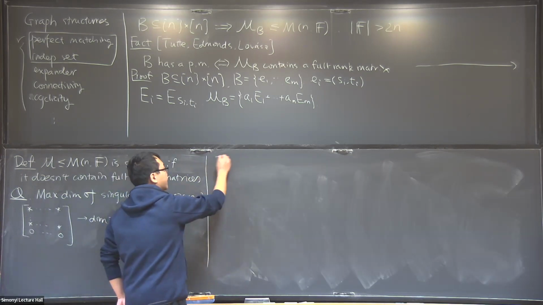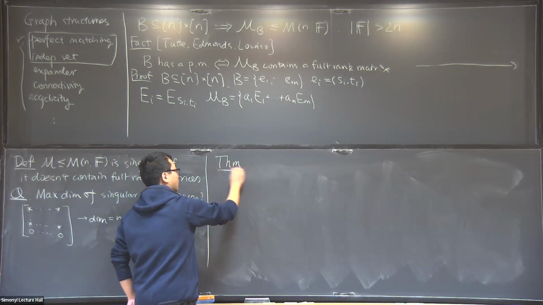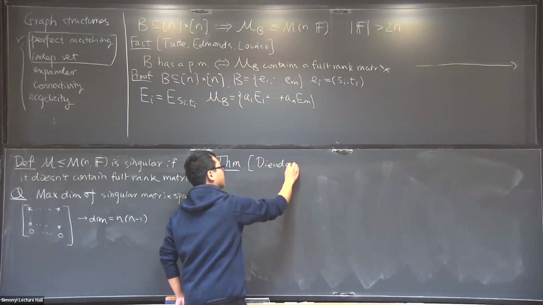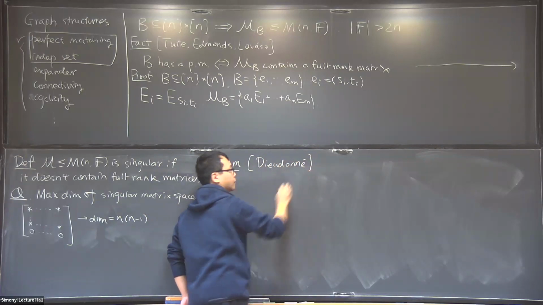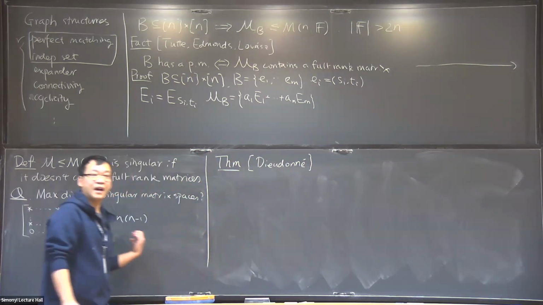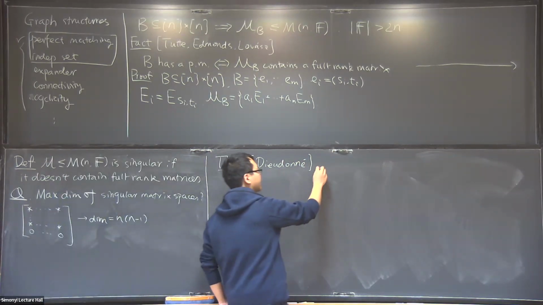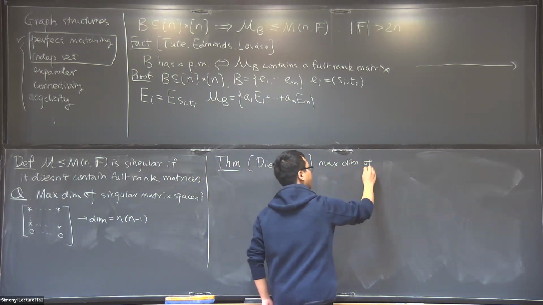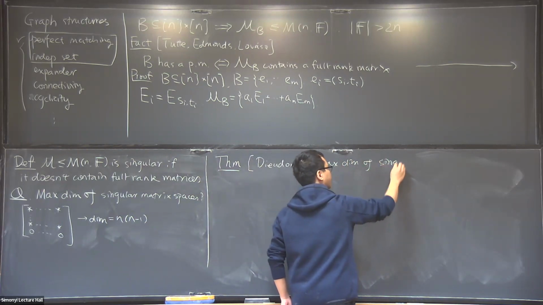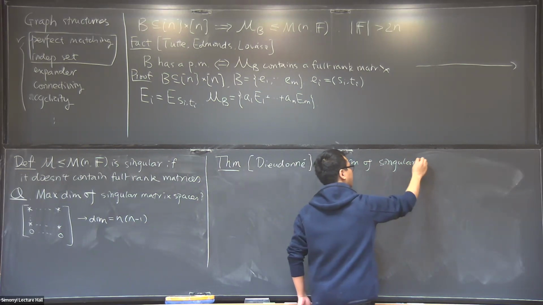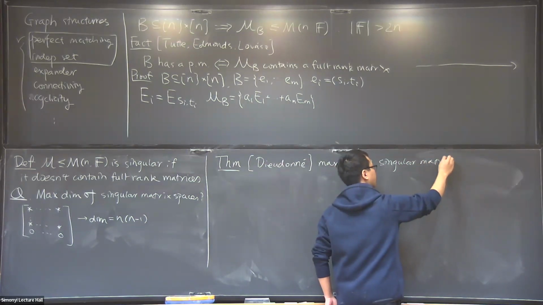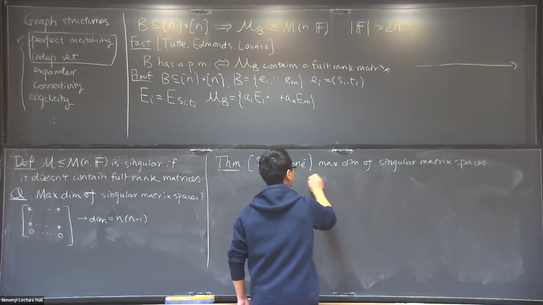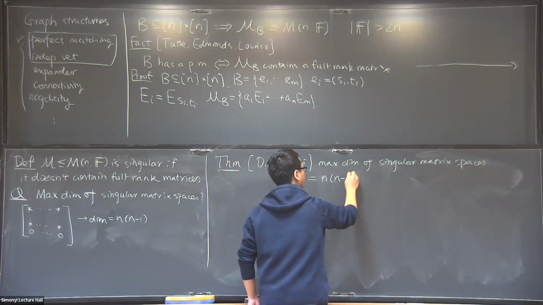Then here comes a very classical theorem by Youming, which basically said that this is tight. So the max dimension of singular matrix spaces is equal to n times n minus 1.